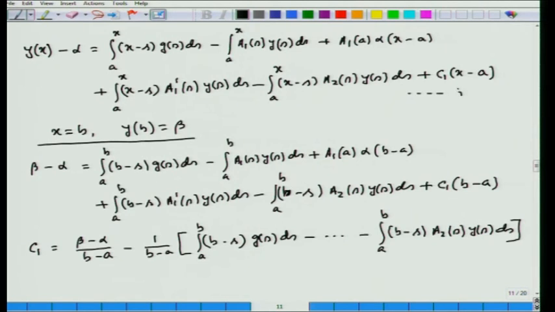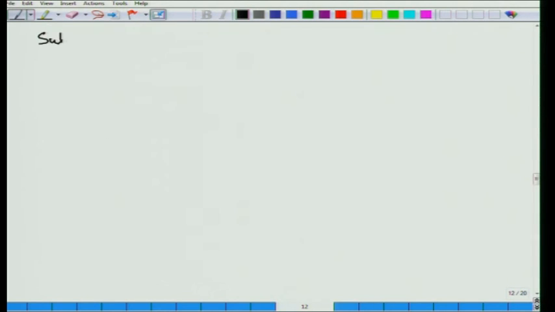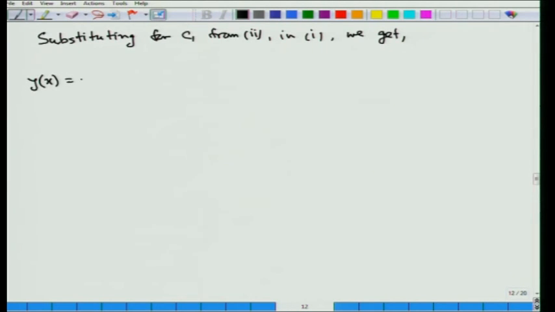If we call this 1 and the expression for c 1 as 2, we can write that, substituting for c 1 from 2 in 1, we get, now, this is going to be a gigantic expression, but step by step we can try to write it down. y x equal to alpha plus.